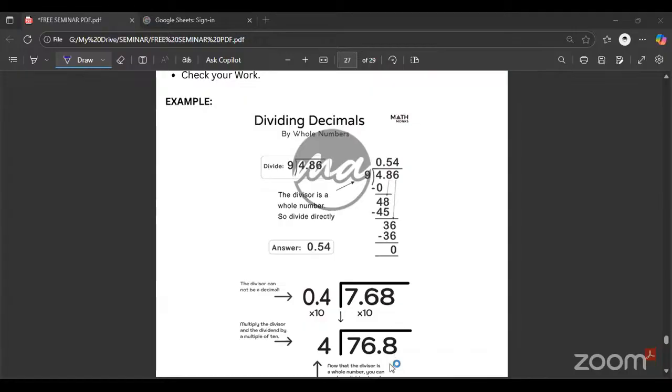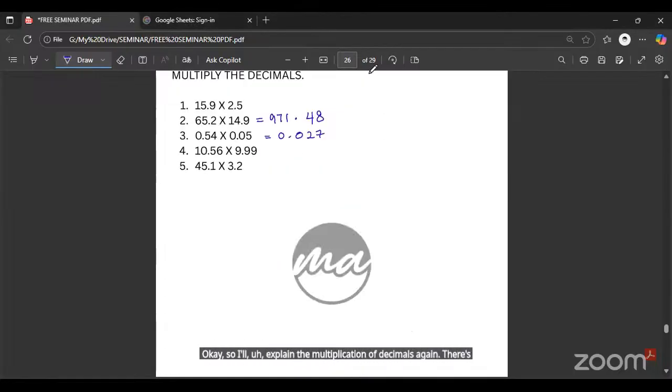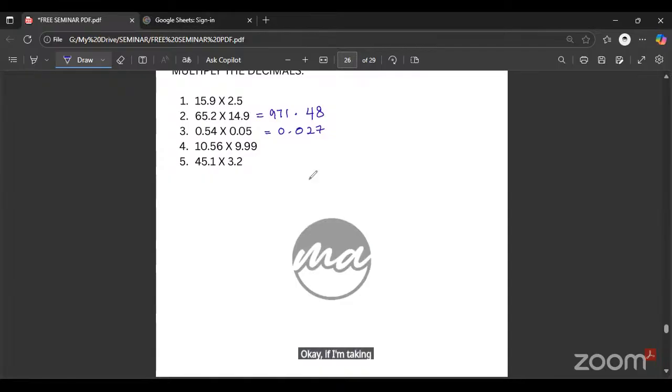Okay, so I'll explain the multiplication of decimals again. If I'm taking the second question, it's 65.2 into 14.9. I'm going to rewrite this as 652 into 149.